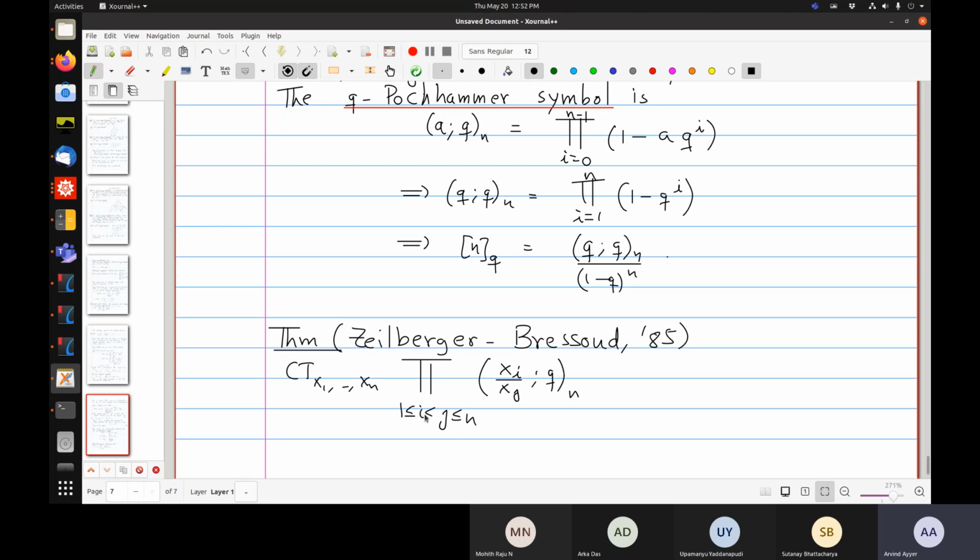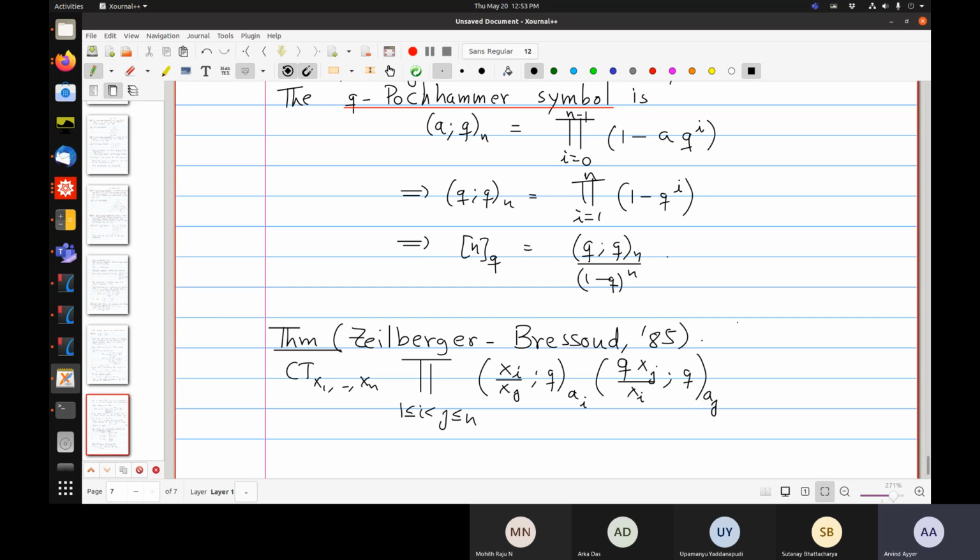Notice we don't have i and j running from 1 to n with i not equal to j. Here we have split it, and there are two terms for each pair ij: (q xj/xi; q)_aj.